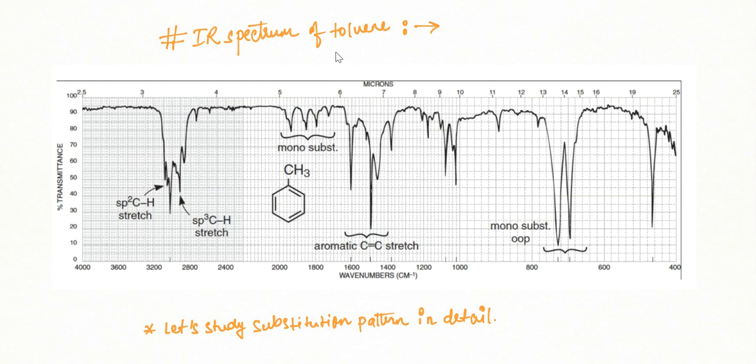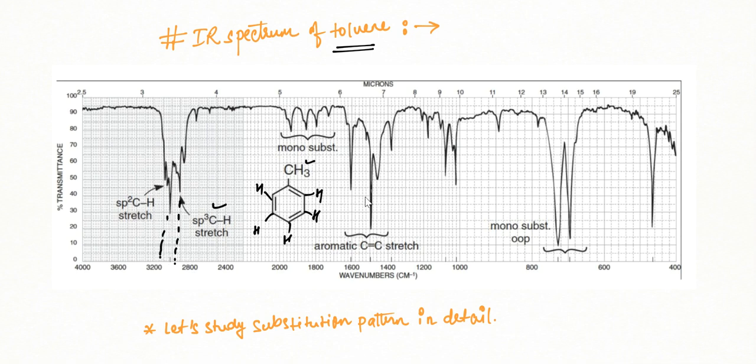If we are given the IR spectrum of toluene, so this is our toluene molecule, what do we expect? We expect CH3 stretch and CH3 bending. CH3 stretching is sp3 CH stretch, which is going to be less than 3000. The sp2 CH stretch is definitely going to be greater than 3000, so on the left-hand side of 3000.